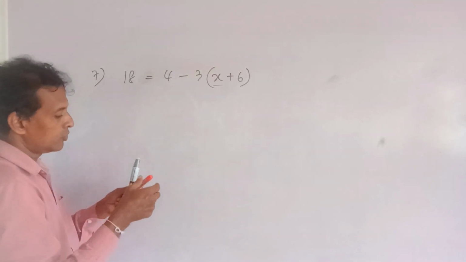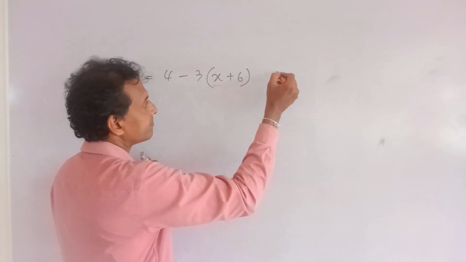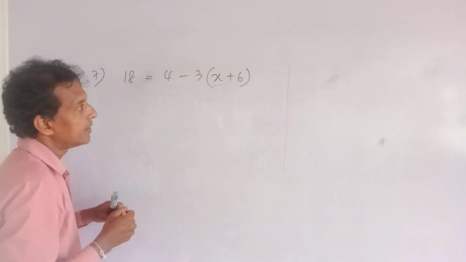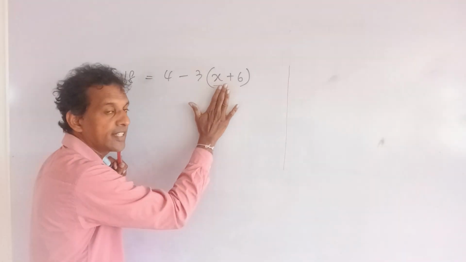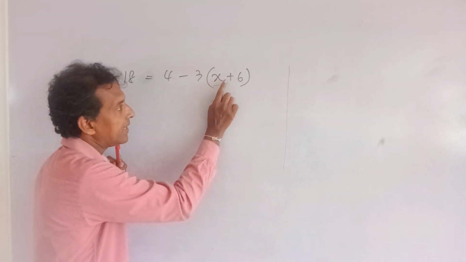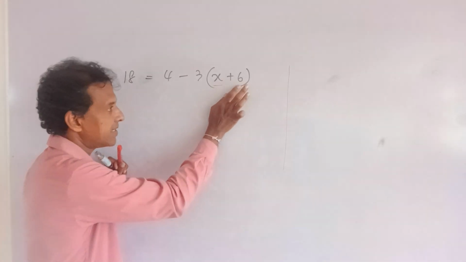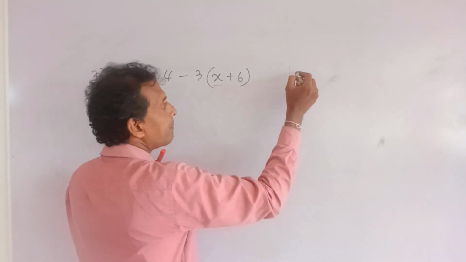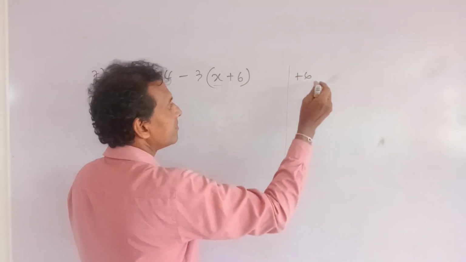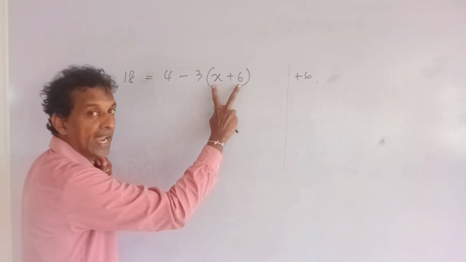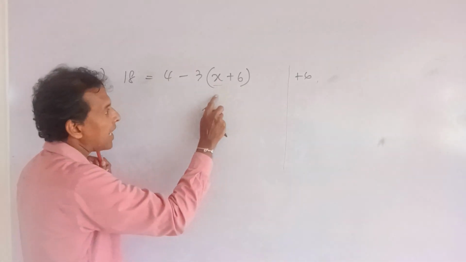So move on to the operations. The first operation with x is what? Immediately 6 is added: x plus 6. So the first operation is plus 6 here. And then once 6 is added, that whole expression is multiplied by minus 3.